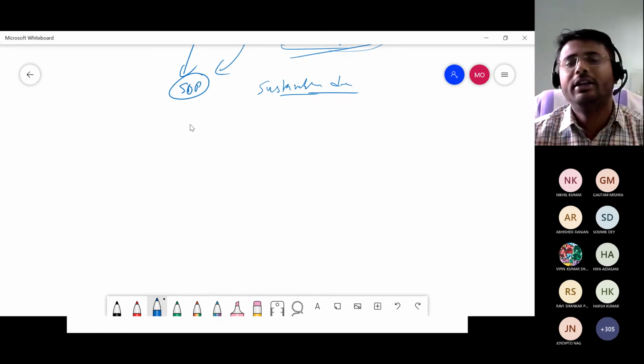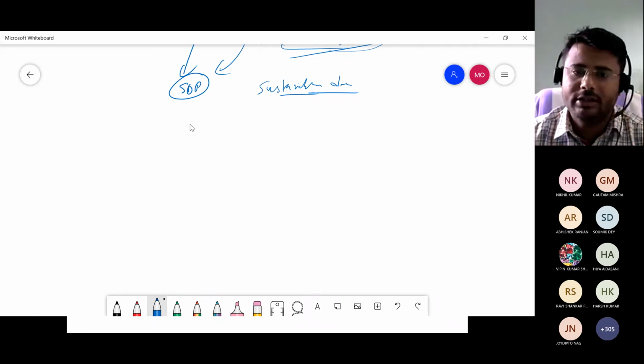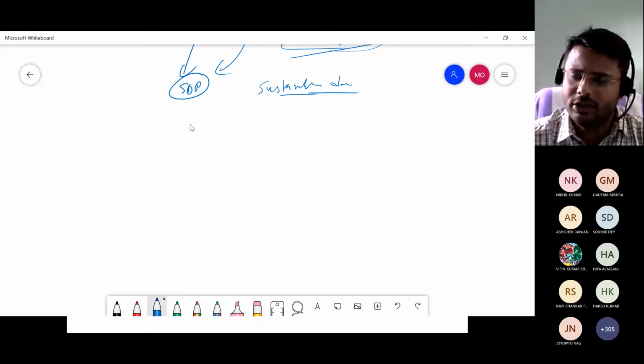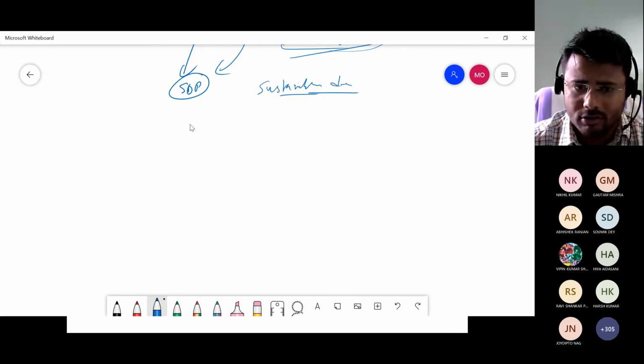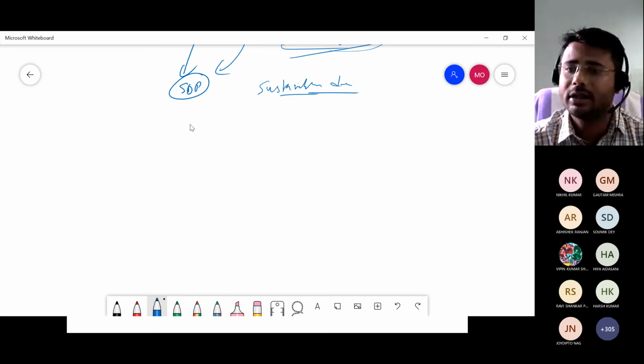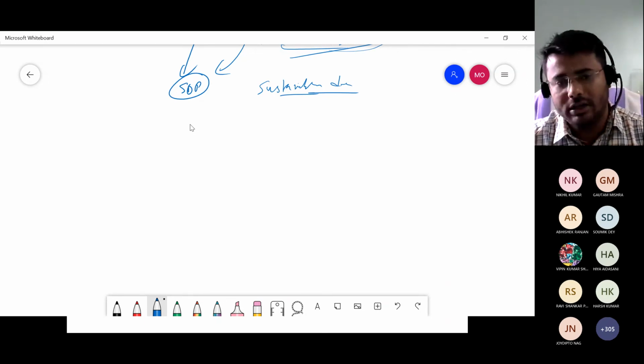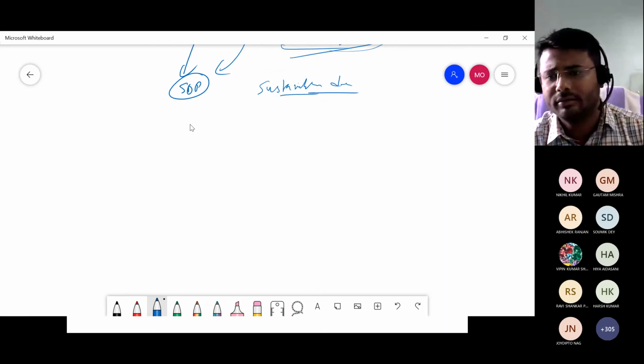Because the interaction between the student and the teachers, there is a huge gap. We cannot see you. Just because we cannot see you, we are not able to understand whether you are understanding or not. If we are not able to understand that, it will be difficult for us to figure out how to make you understand.